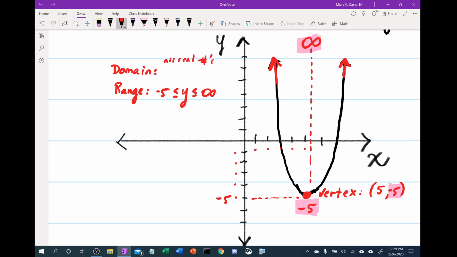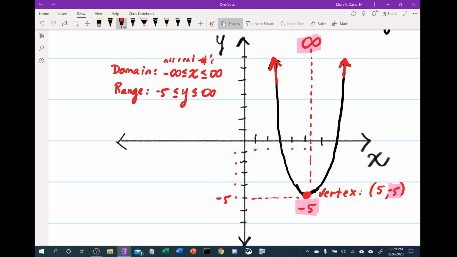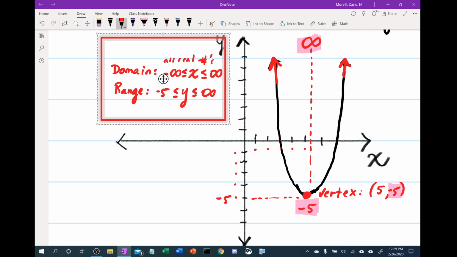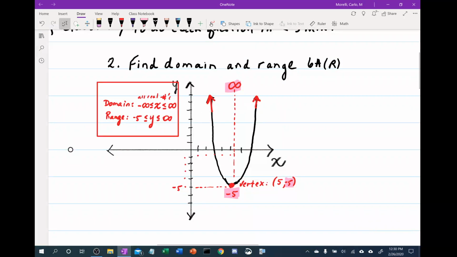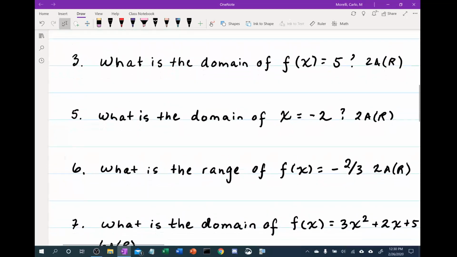But the inequality notation here is -infinity less than or equal to x less than or equal to positive infinity. And that is the answer. Was that all that bad? No. Not all that bad. Okay, moving on.